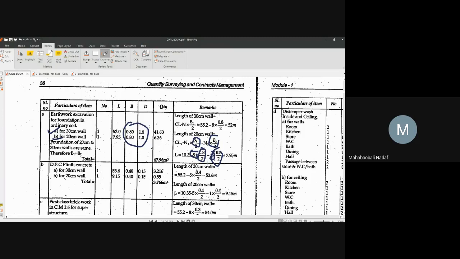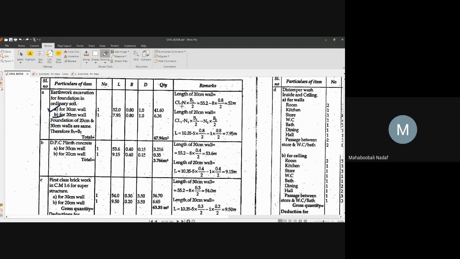Okay, so this is how much it is coming? 7.95. So that is what we are writing here. Very good. Same center to center length for the 30 wall you have taken here. Number of junctions 8. What is the width of DPC? 0.4. DPC is 0.4. Here also you can write 0.4, 0.4, and 10.35 is the center to center.